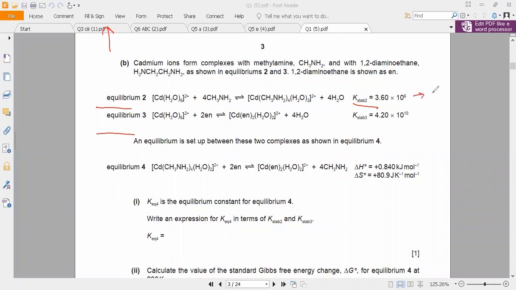Guys, Kstab 2, let's write the equilibrium expression for it.